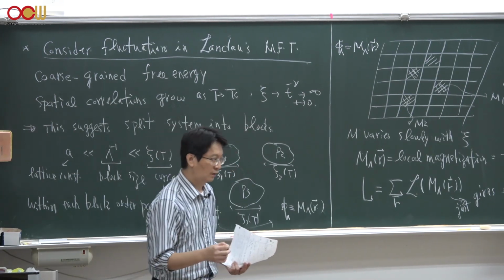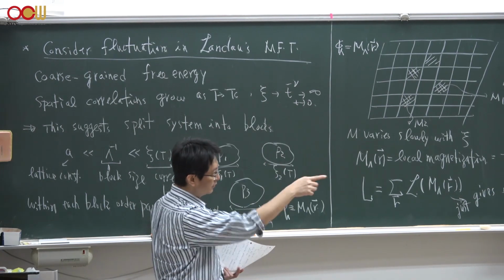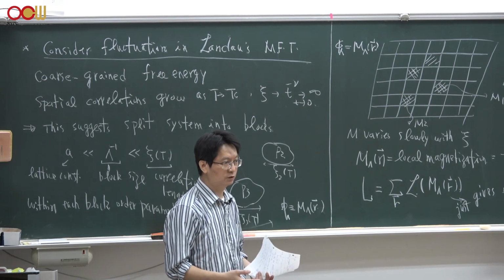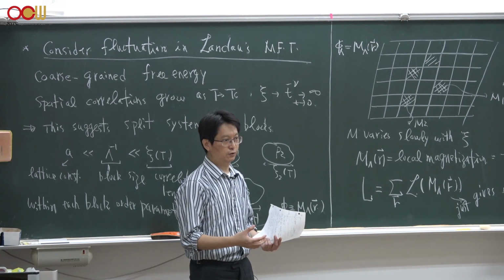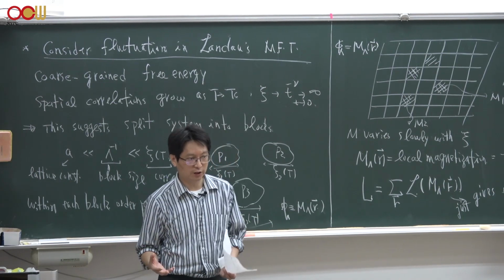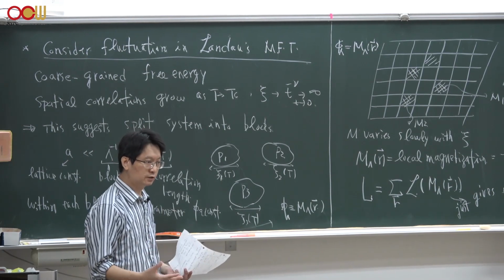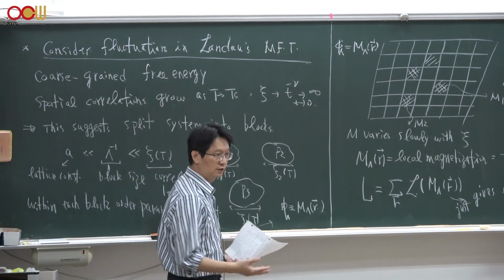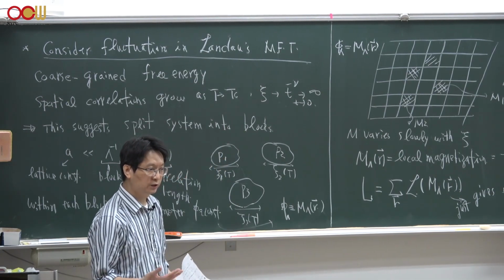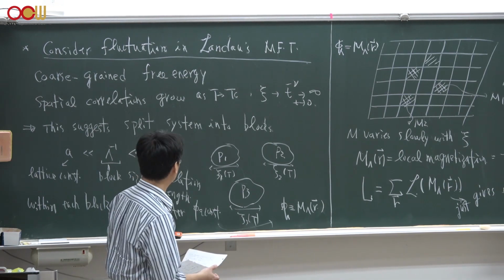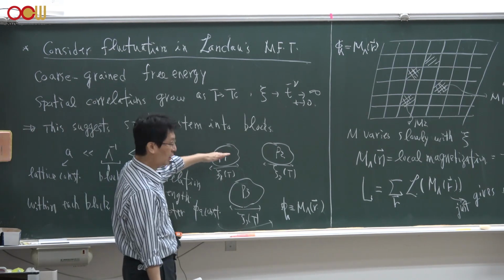It's like if you take off your glasses, then you don't see very clearly those points that are far away from you. You can only see something very blurred that forms groups, and that is precisely the meaning of coarse grain. So we consider not just the individual spins, but clusters, because they are correlated when temperature is very close to Tc. In other words, you can split the system into blocks.